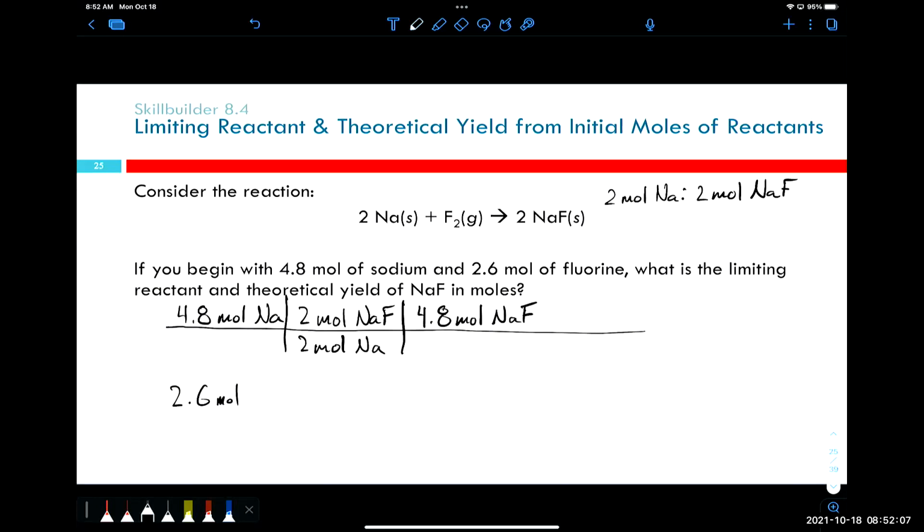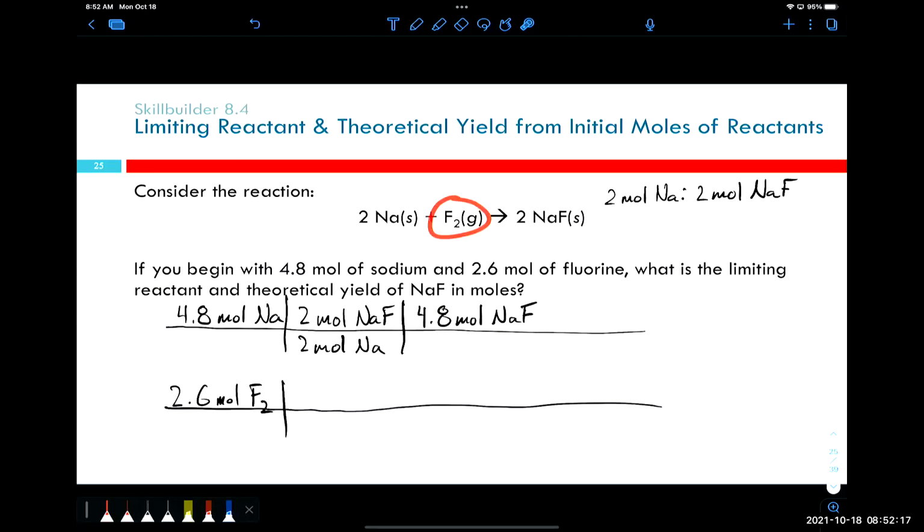So for the second one here, 2.6 moles of fluorine. And again, we're just going to go to our reaction equation here because we're converting from moles of one element to moles of another element. We got 1 mole of fluorine for every 2 moles of sodium fluoride.